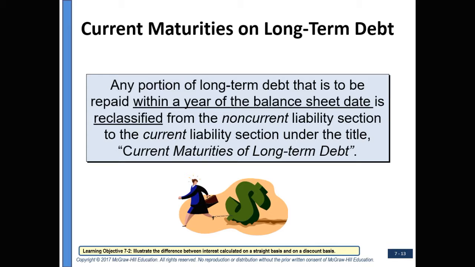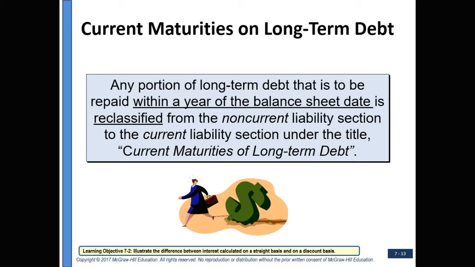Next, we're going to talk about the current maturities on long-term debt. When we borrow for long-term, we're looking at something that at inception, or parts of it, is going to be due beyond the balance sheet date. That's long-term debt.